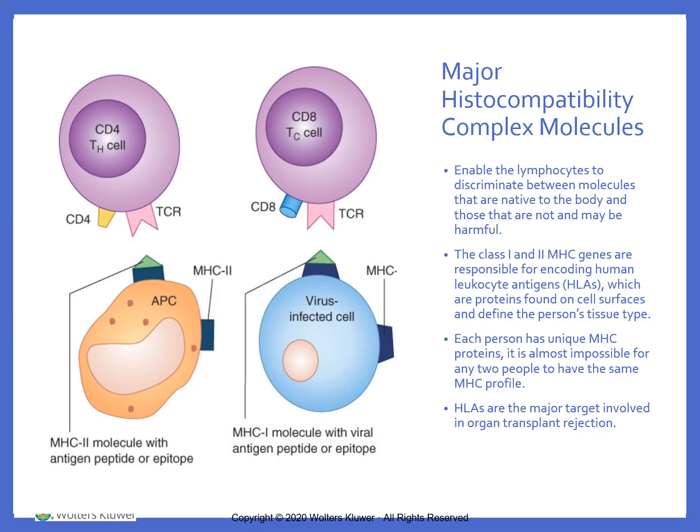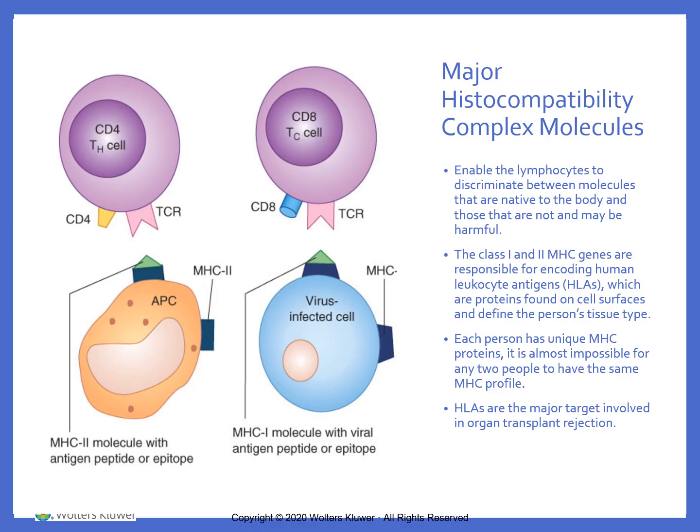And as the cell breaks down parts of that virus, it presents a small peptide, essentially a small piece of that virus that has infected the cell, on the surface of the cell attached to these MHC1 proteins. And our CD8, one of our T lymphocytes, can recognize and bind to that MHC with the presented antigen peptide.